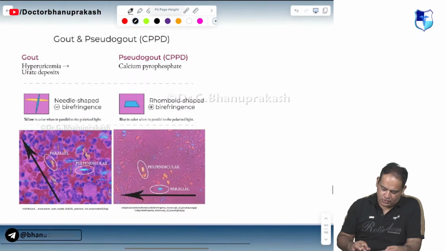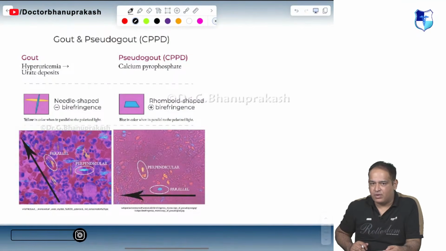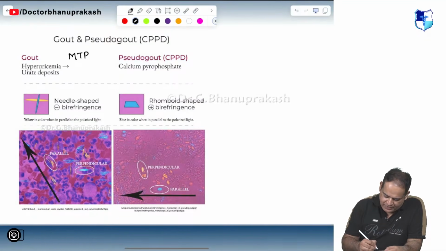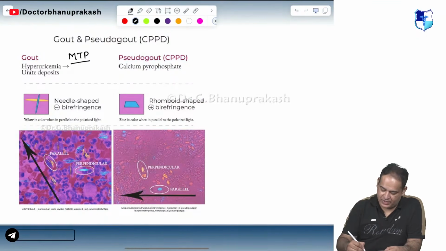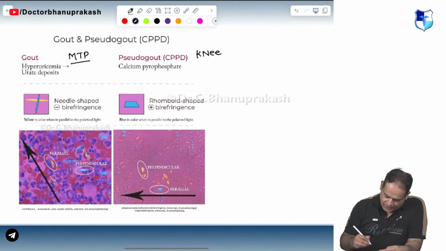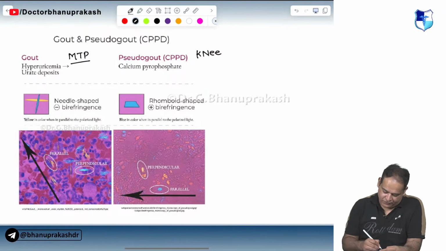Now, gout has to be differentiated from pseudo-gout. So here, most common joint is metatarsophalangeal joint. Here, the most common joint is knee joint, right? Now here, the crystals are negative birefringent.